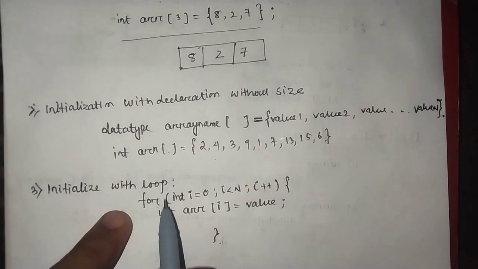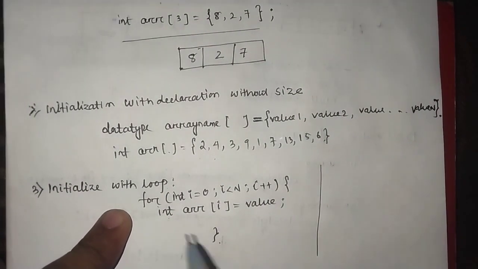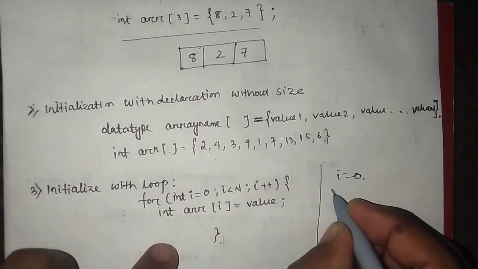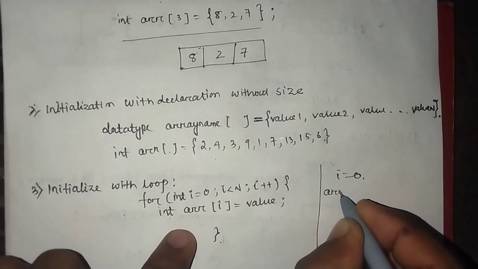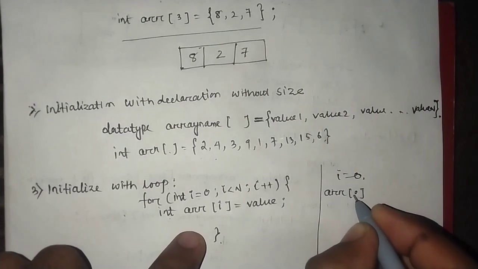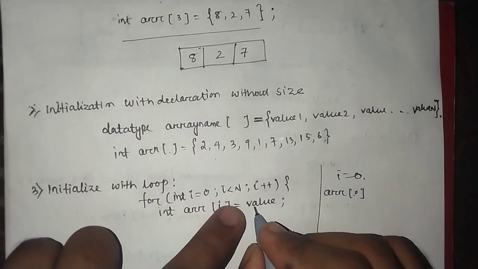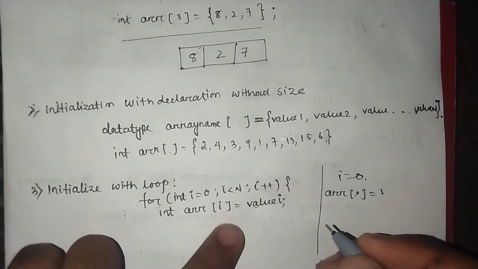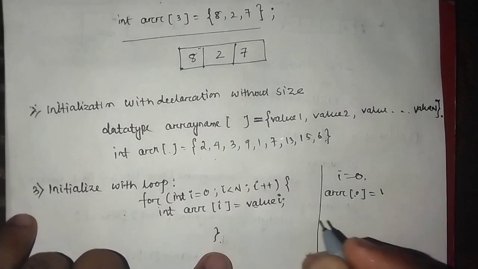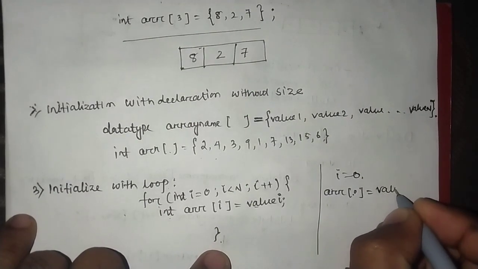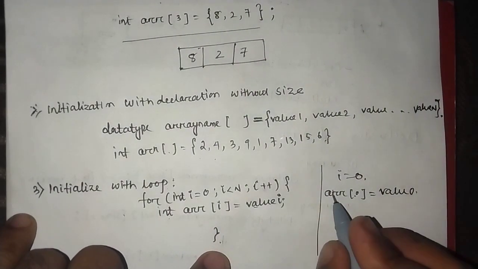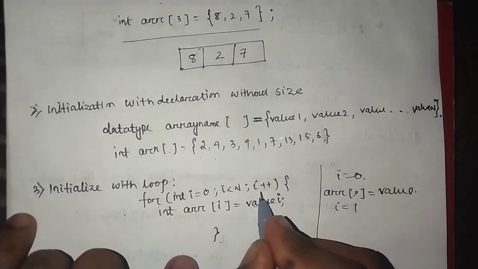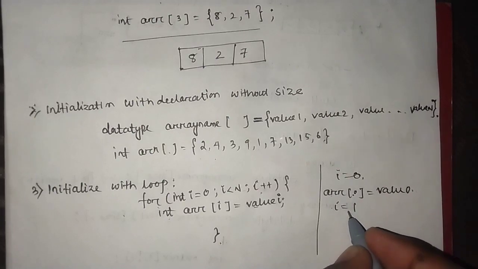In the for loop, when i equals 0, arr of 0, that means in the 0th index, you are giving some value. Let me write value i, because you are writing value 0 in the 0th index. And for i equal to 1, in the next i plus plus, the value of i changes to 1.